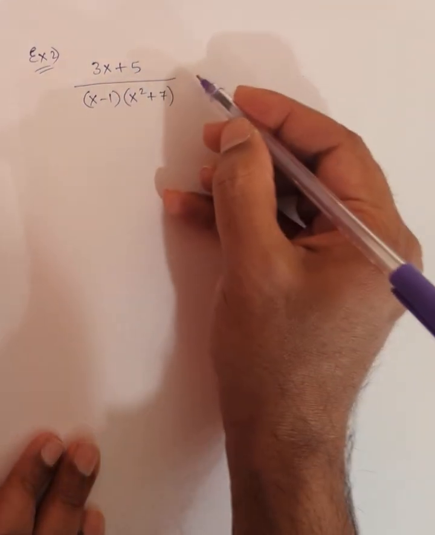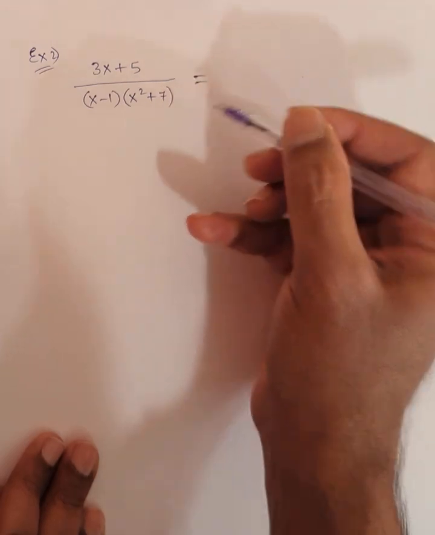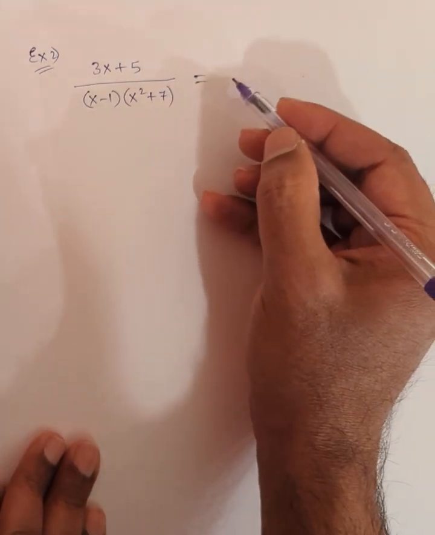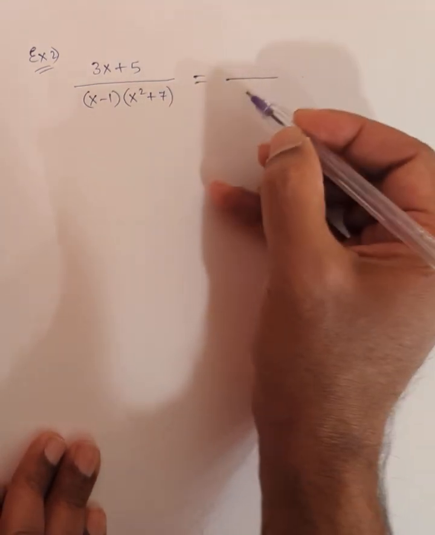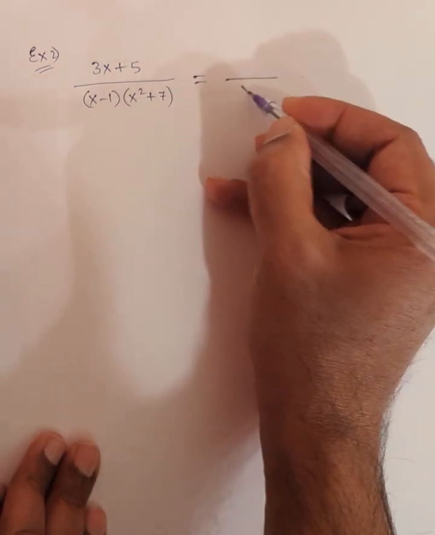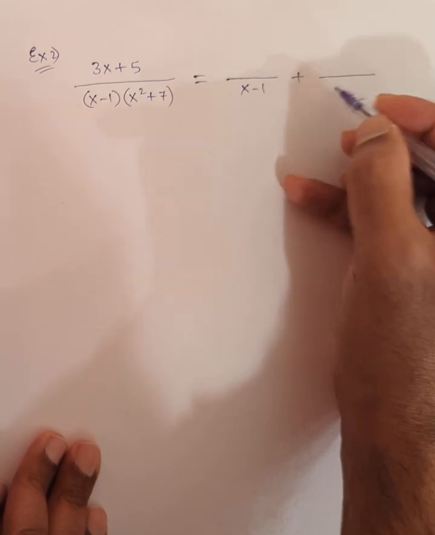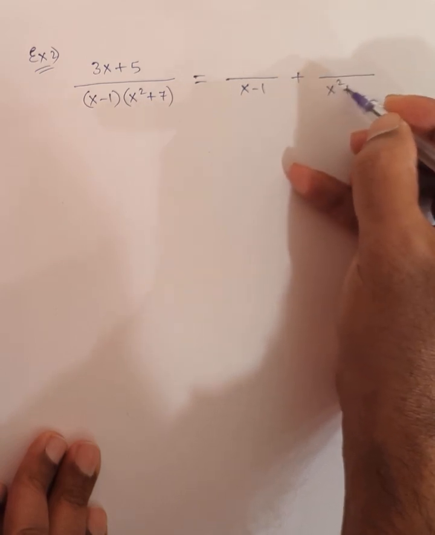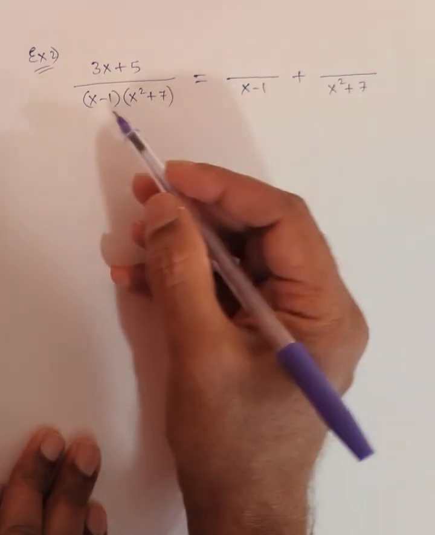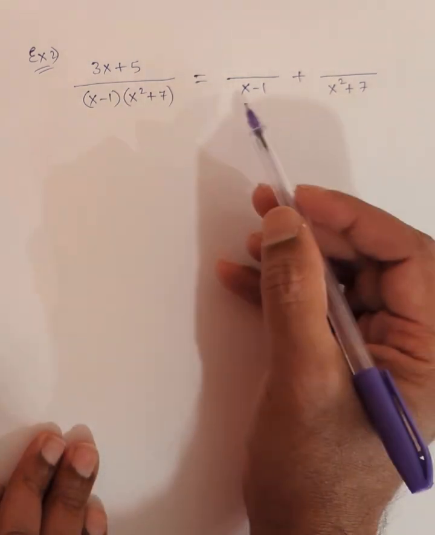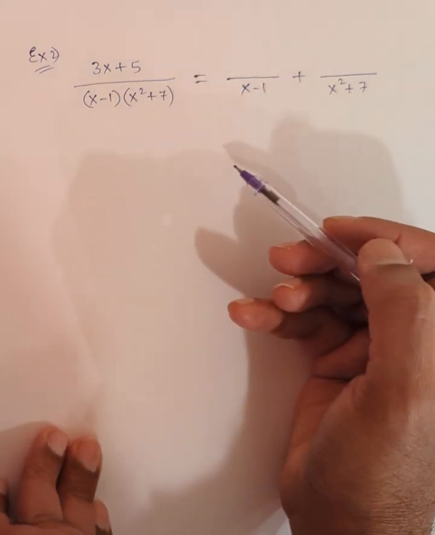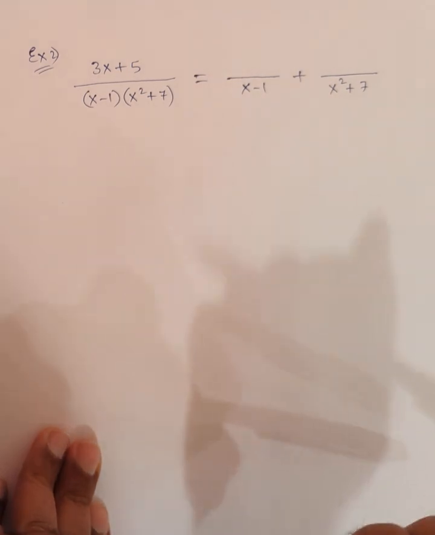Now if you are going to write this as partial fractions, you want to think of two fractions that have the denominators of x minus 1 and x squared plus 7, because when you take the common denominator you should get this, which means each of the denominators is that.